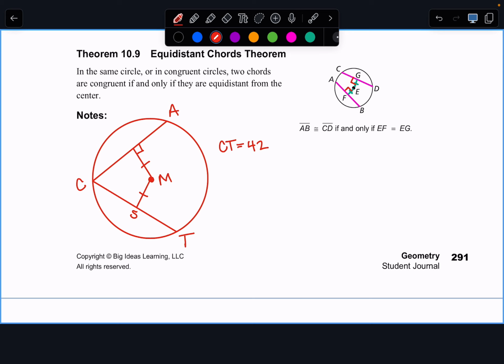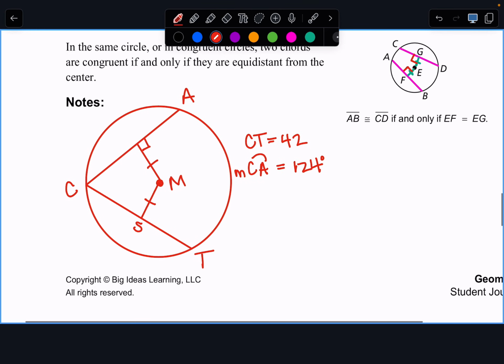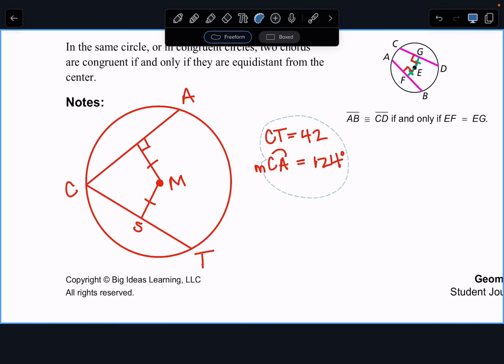Wait, like the segment CT or like the arc CT? I'll let you figure that out. I haven't told you yet. I'm waiting for you to draw it. It looks like a baseball.